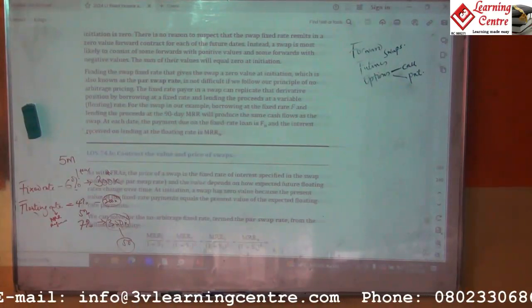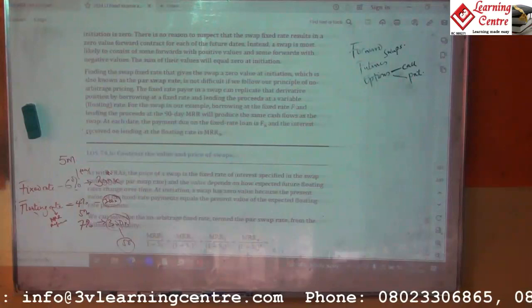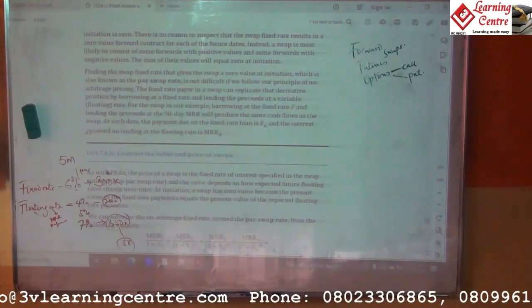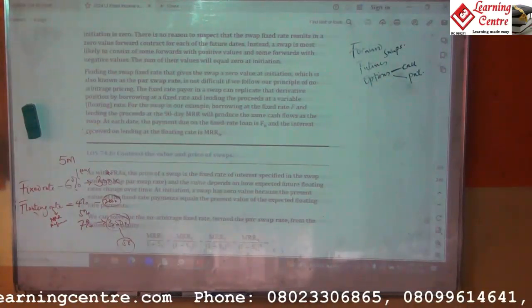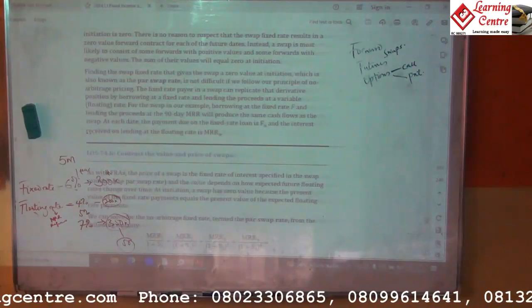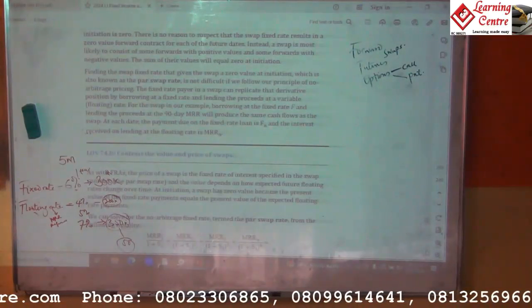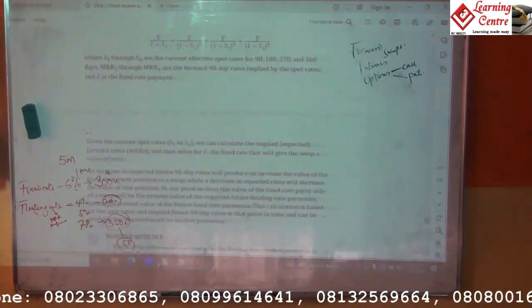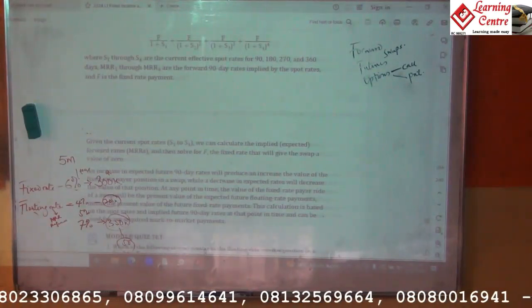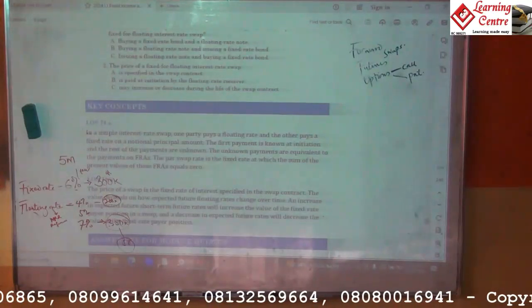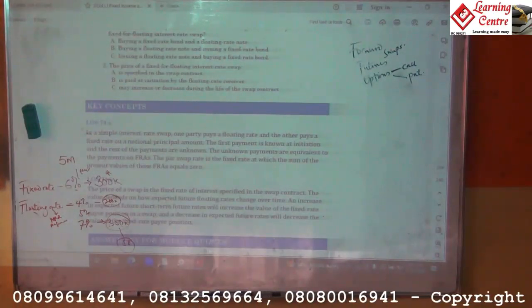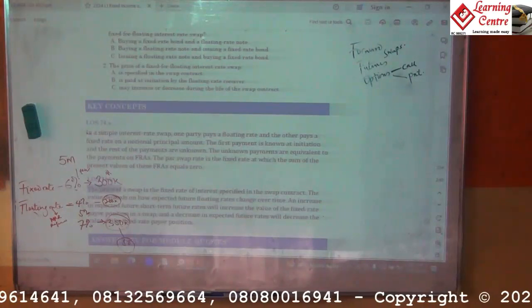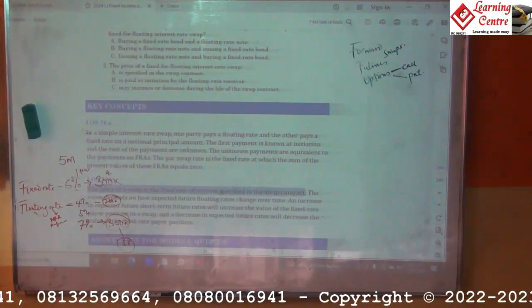So we mentioned three things now. We mentioned price and value for forward, and we mentioned how they change over time. We mentioned futures, and we said, okay, for futures, the price changes and the value changes every time. For forward, it's different. It remains the same until the end of the contract. Same for swaps. So the summary is: the price of a swap is the fixed rate specified in the swap contract.